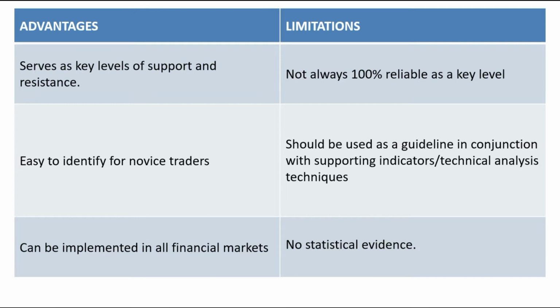And for me, it's a very important thing: there is no statistical evidence that psychological levels are something special that can make you very good in trading or give you, for example, an 80% or 70% success rate with a $1 risk and $1 target. No, these kinds of levels only give you some kind of edge, some idea of which price to watch, when to put a stop loss, target, or entry position, and to think about how the whole market will react.